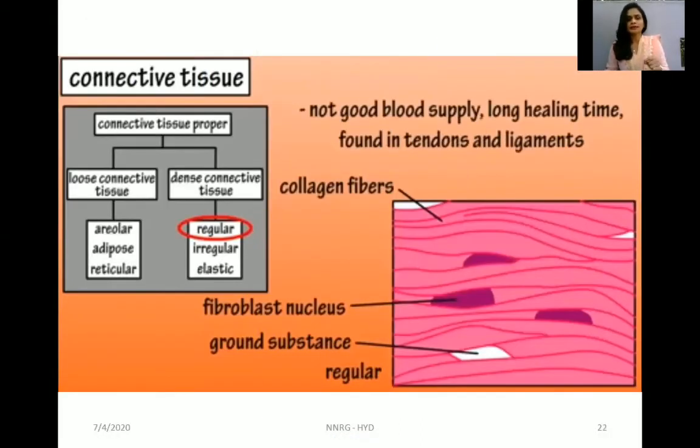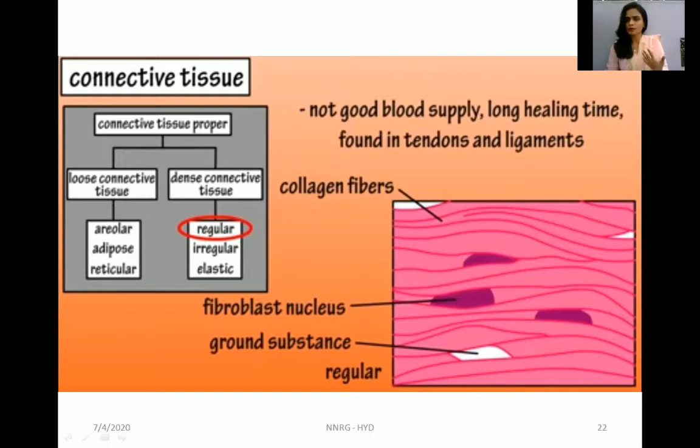Now in the regular dense connective tissue, the collagen fibers are wave-like and connected, and they have fibroblast nuclei and a very small amount of ground substance. These regular dense connective tissues are not very well supplied with blood.